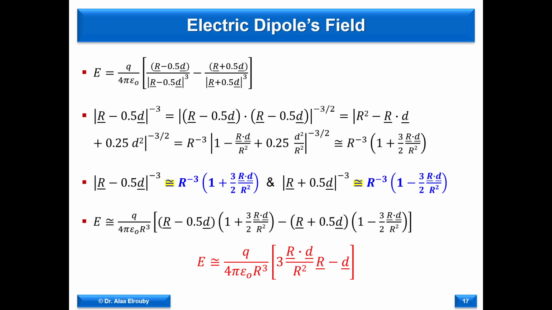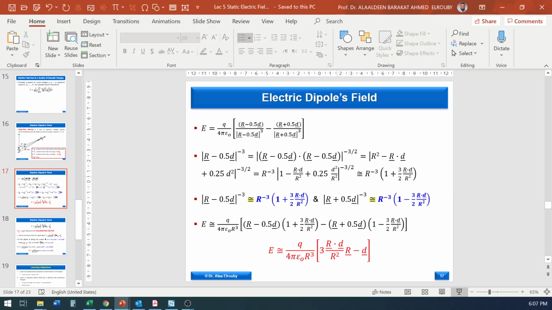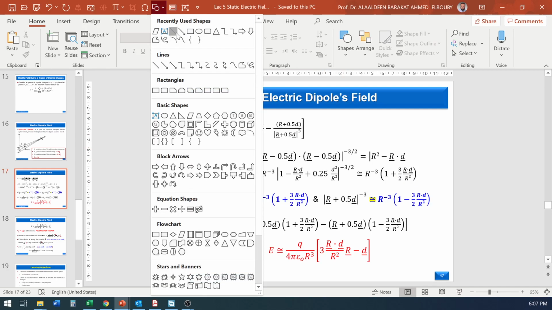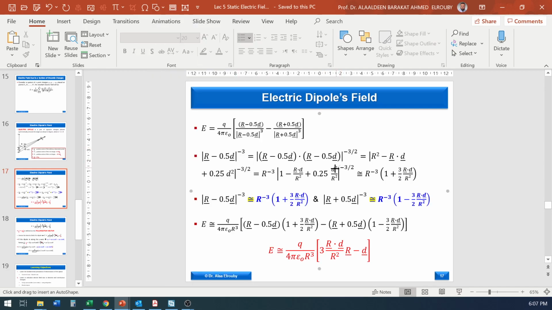We said that r is much larger than d, so d over r is a small quantity. D over r squared is a very small quantity, and we can neglect that. So this is a very valid approximation, and this term is ignored because it's very small.